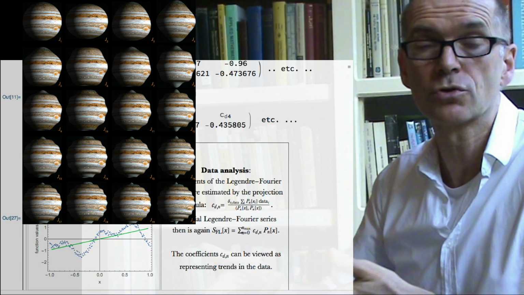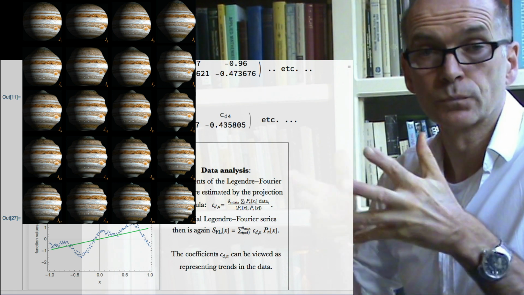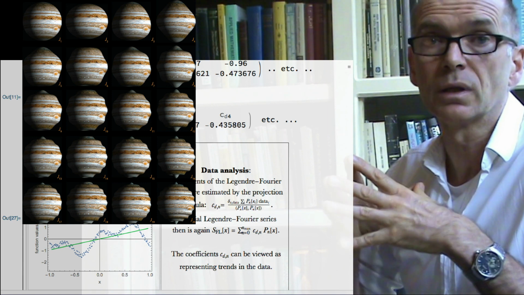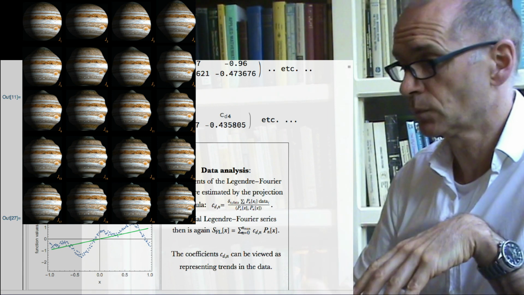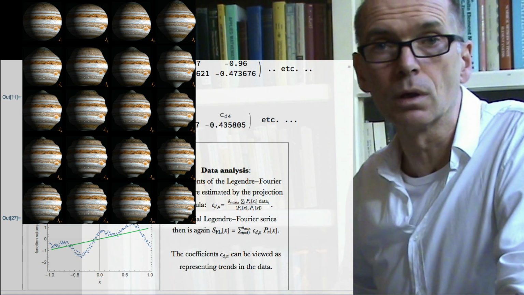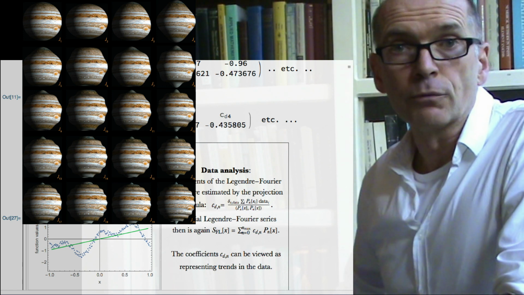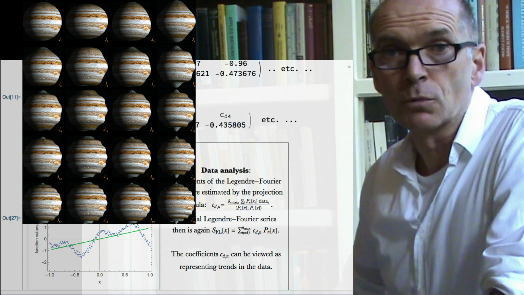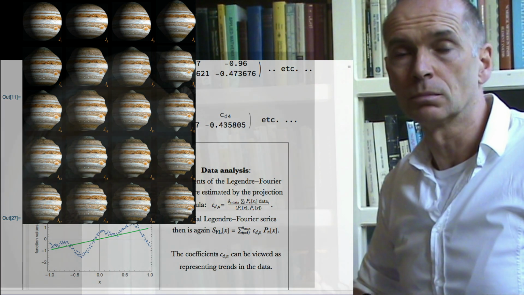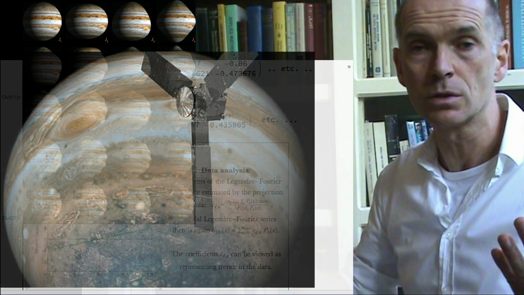Apparently this method was used to do the trend analysis that they were after in that experiment. That was a great scientific success, because knowing about the depth of the atmosphere of Jupiter is of importance to modeling the climate of Jupiter, if you like, so for climate science in general.